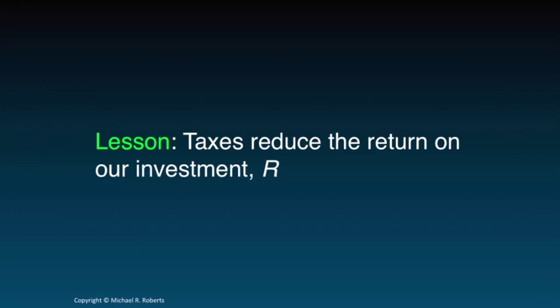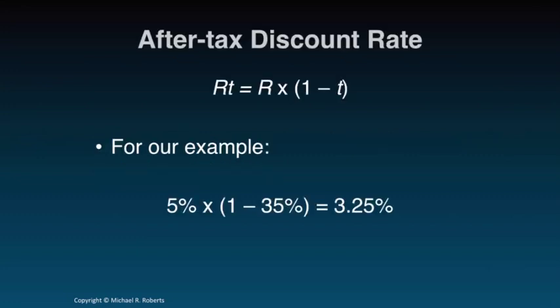And one way to account for that is an after-tax discount rate. I'll call it RT. And that equals our usual discount rate times 1 minus the tax rate. Okay. So for our example, the discount rate R was 5%, and the tax rate T was 35%, for an after-tax discount rate of 3.25%.